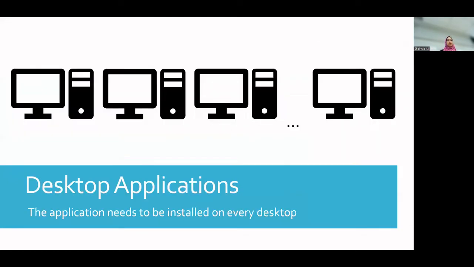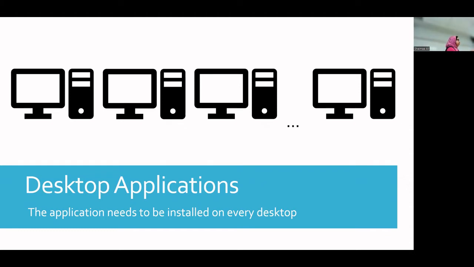All right. So for the sake of contrast, I would like to talk about desktop applications. Now, web applications are very different than desktop applications. Okay, a desktop application is an application that you need to install on your own machine, on every single machine.